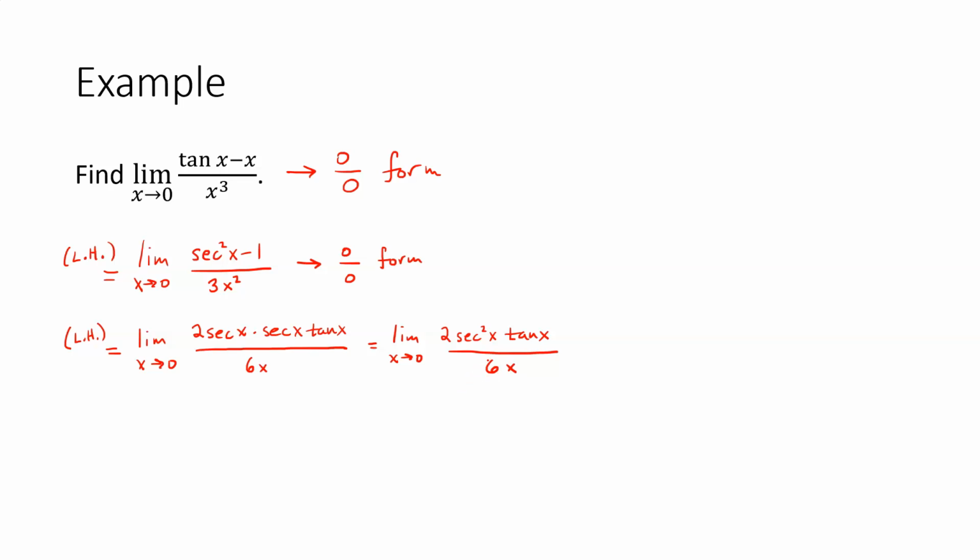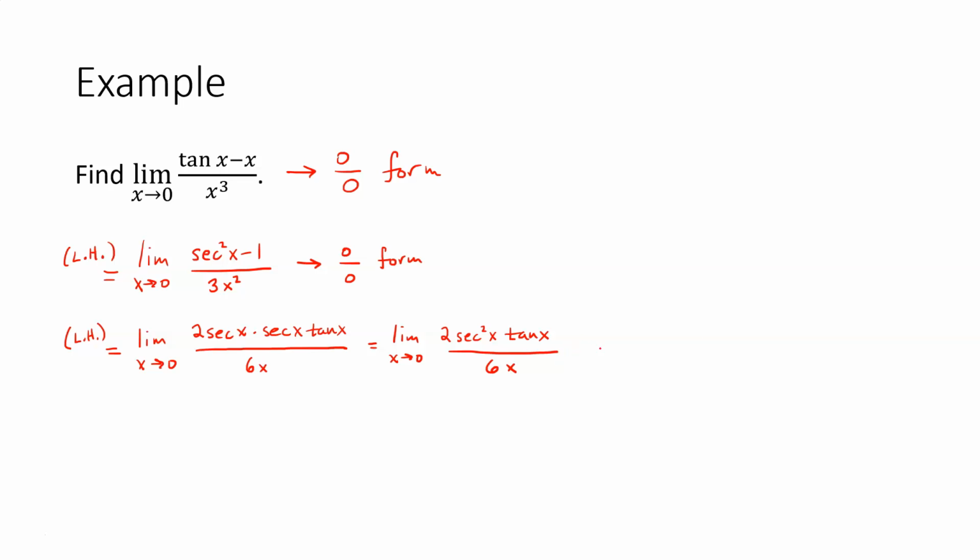Well, what I notice here, from observing it as it is, is that there isn't any obvious thing I can do to simplify it algebraically. Because the limit as x goes to 0 of secant squared is 1, and then tan of 0 would be 0. So actually we'd still have the 0 over 0 form here.